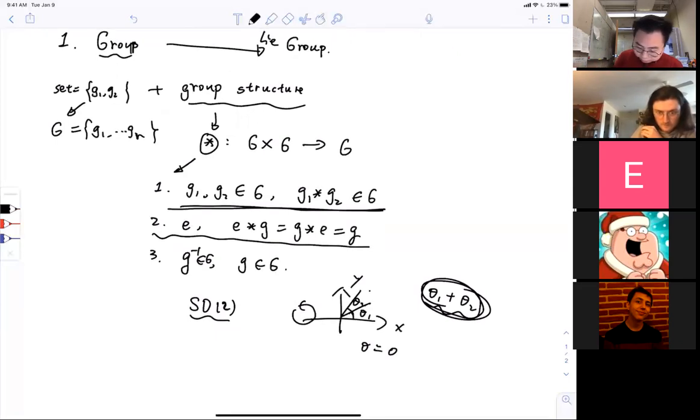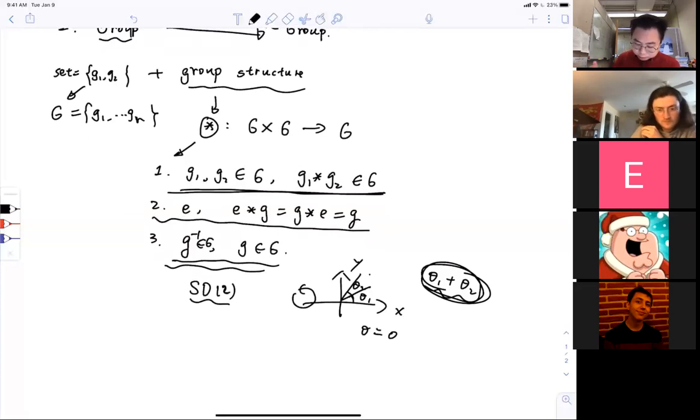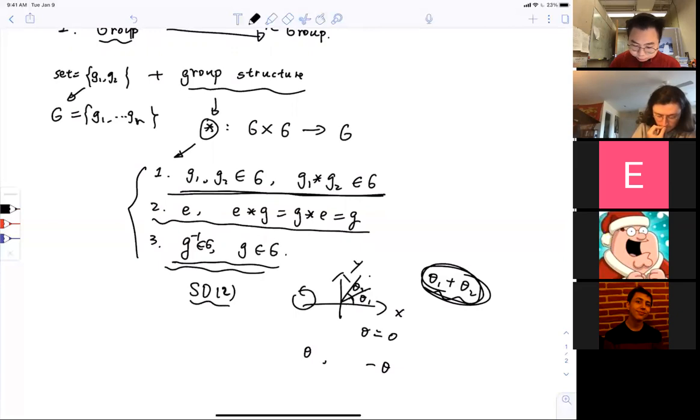The second row just tells us there's an identity, theta equal to 0, which leaves everything unchanged. And the last row tells us there is an inverse for any operation. If I rotate by angle theta, there must exist minus theta, corresponding to rotating in the other direction. It's very natural for the definition of the group.